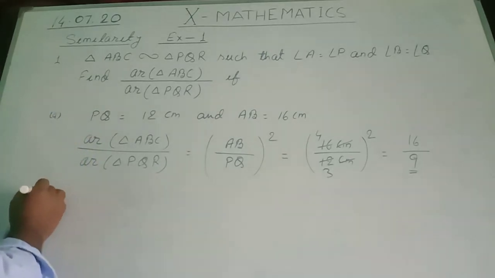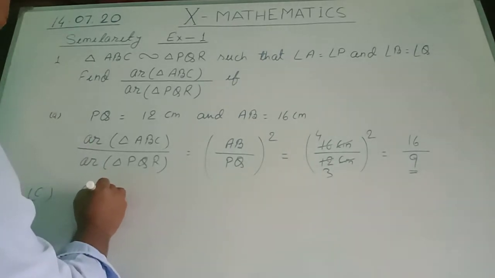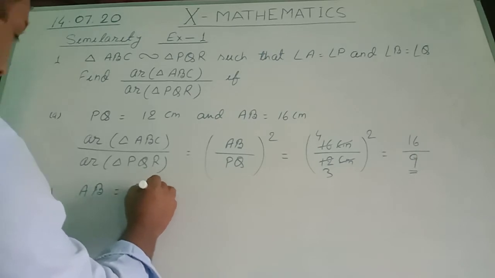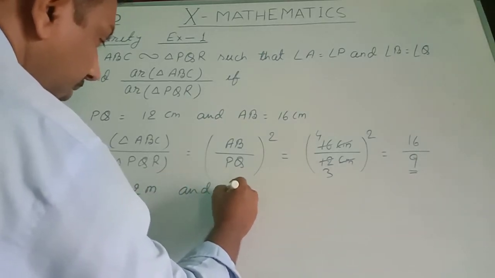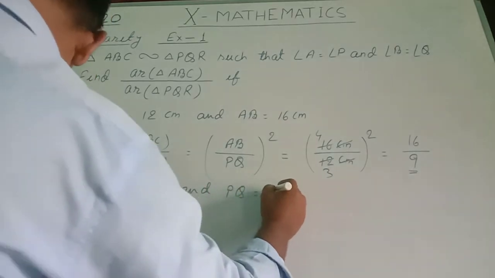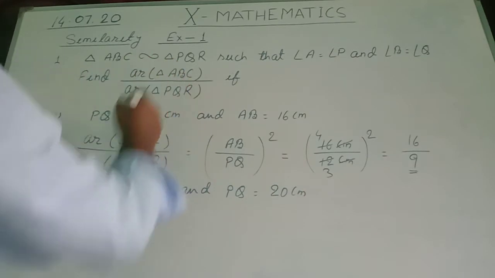This was question number A. We come to question number C. In question number C, we have AB equal to 2 meter and PQ equal to 20 centimeter. So what will be the ratio of these two areas?